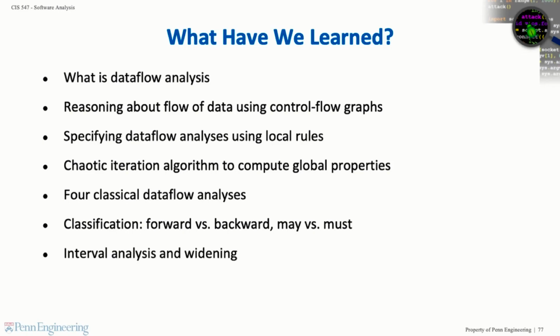And we finally learned about interval analysis, a modern data flow analysis with many applications in security, and the concept of widening. This module focused on how to reason about the flow of primitive data such as integers. In the next module, we will learn how to reason about the flow of non-primitive data, better known as pointers, objects, or references.